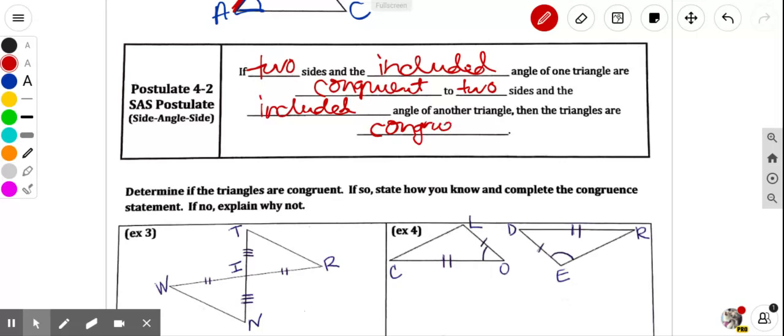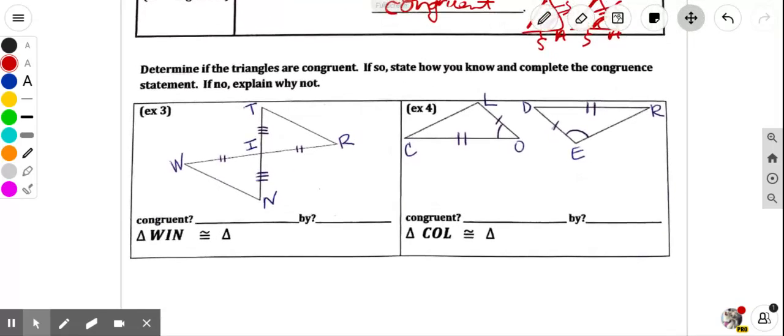Basically, you need to have two sides and an included angle in both triangles. That's called side angle side. So say this is one pair of sides, this is two pairs of sides. It would have to be this angle here in both of the triangles in order for it to work. So side angle side in both triangles. It has to be the included angle in both triangles for it to work.